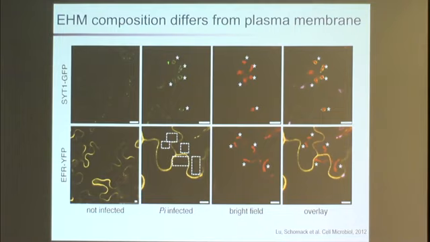But if you look at an immune receptor, in this case EFR, these immune receptors are absent at these membranes. So somehow the pathogen gets rid of these immune receptors from the haustoria, but some other proteins such as synaptotagmin still accumulate around haustoria.